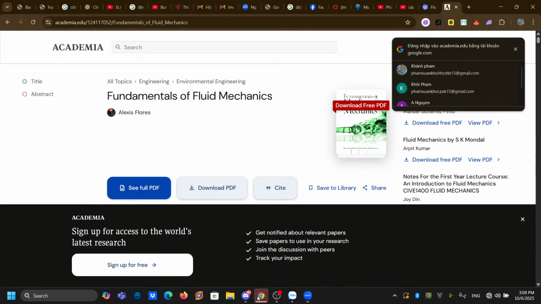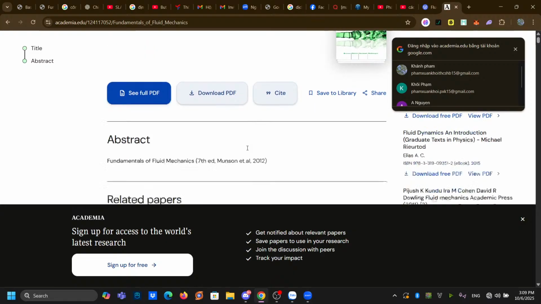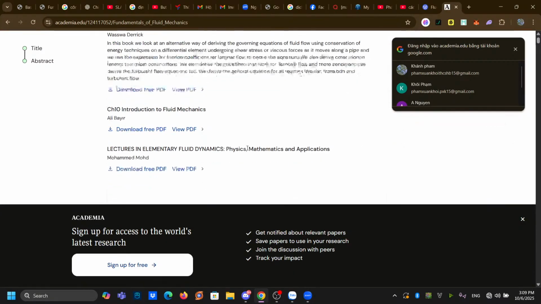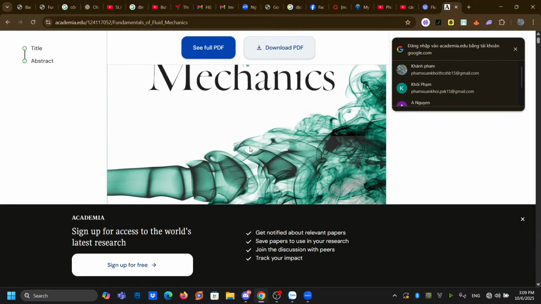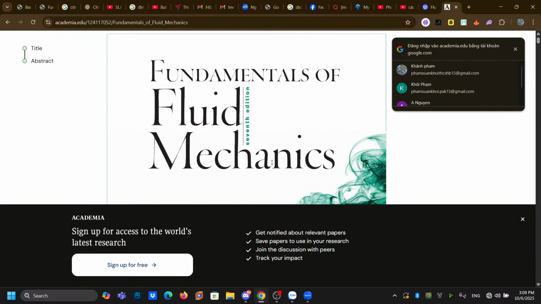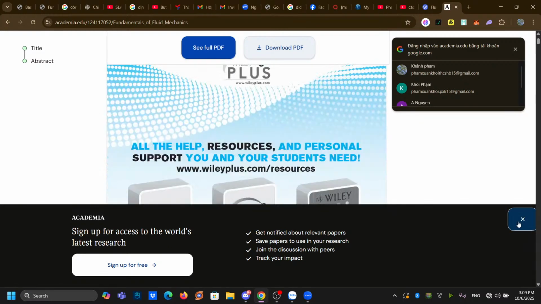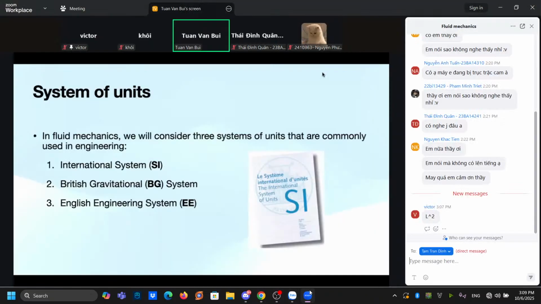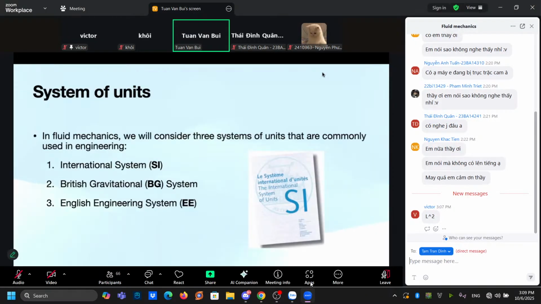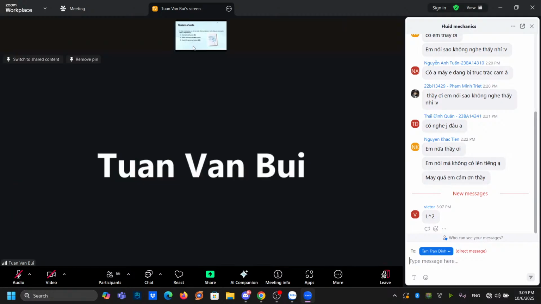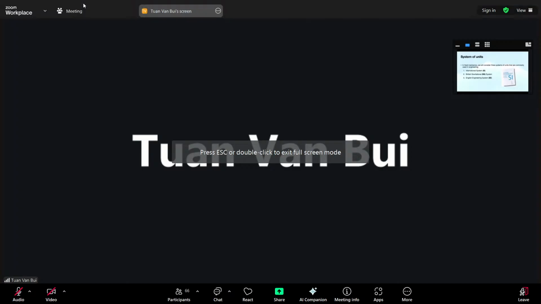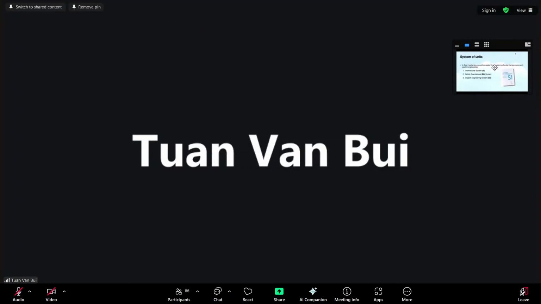So let me continue with the slide. You can see that at the beginning, I showed you the appendix with some tables of different unit systems like BG, the British gravitational system, or EE, the English engineering system.